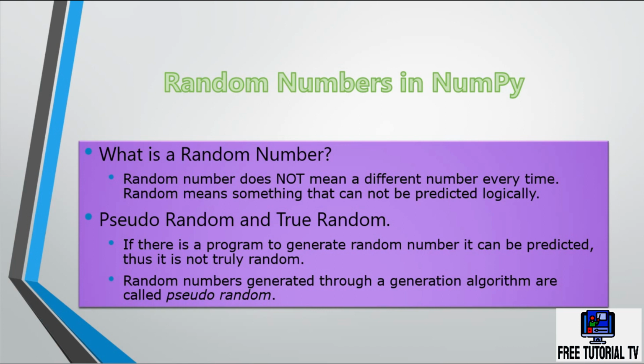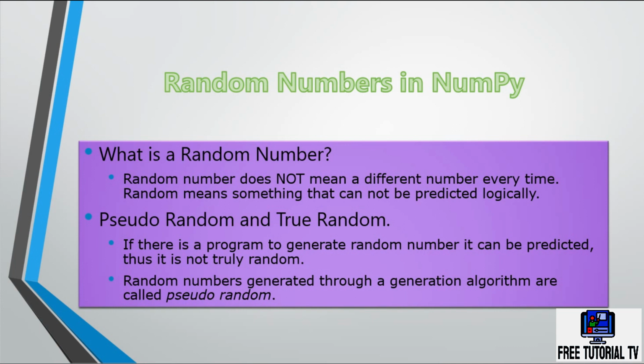A random number in NumPy generates an array, and whenever you run the program, the array will have different values every time you run it. So the prediction is not constant every time you run the program.